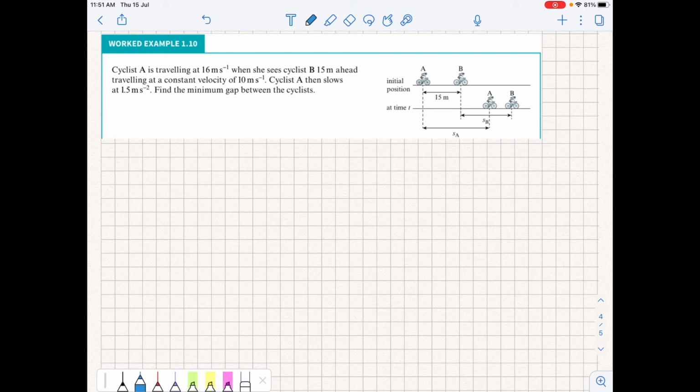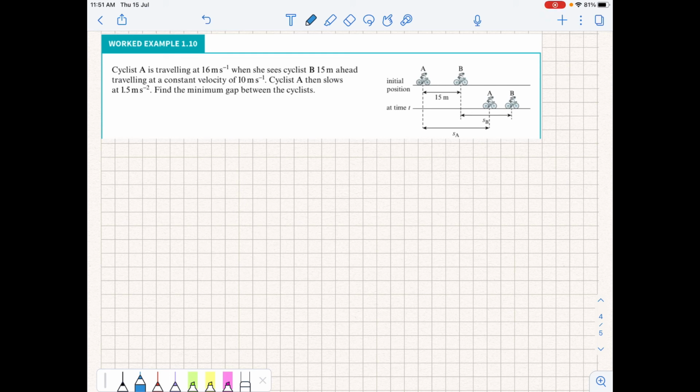Because cyclist A is slowing down, initially the gap is going to close. But as cyclist A's velocity drops below 10 meters per second, at the moment that velocity hits 10 meters per second, there will be a gap between cyclist A and B. And we want to know what is the smallest gap between those two cyclists with respect to time.